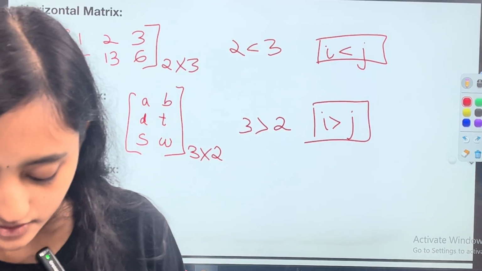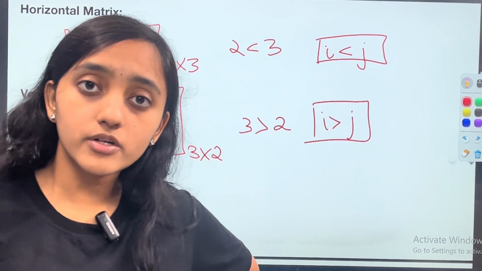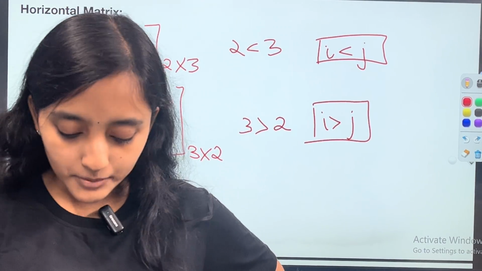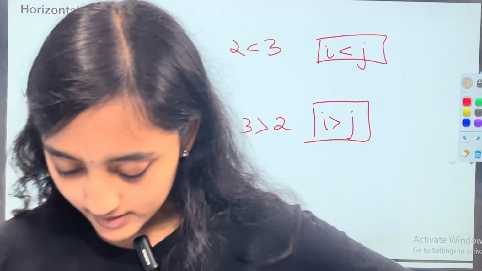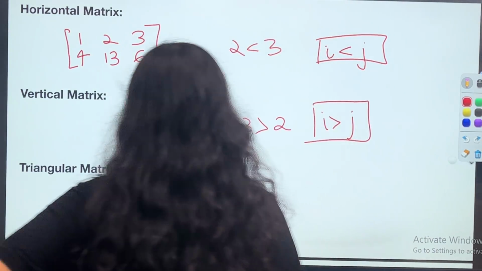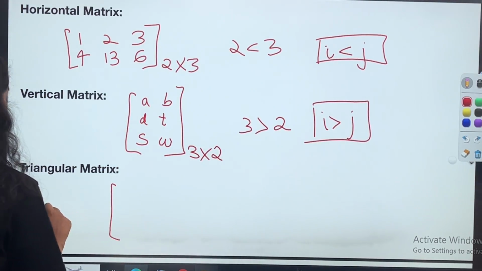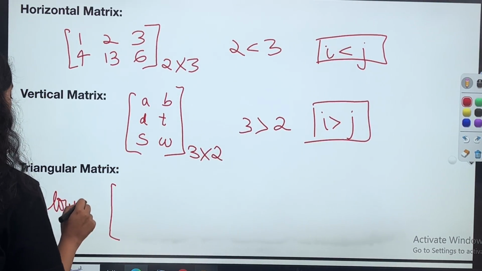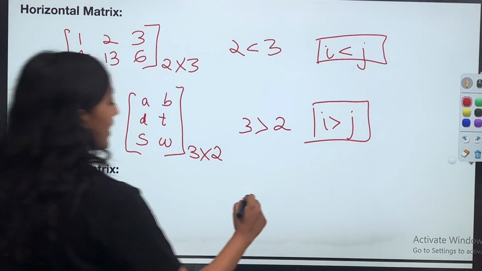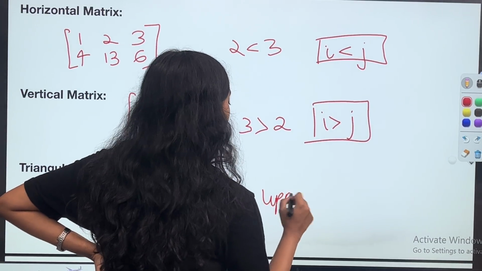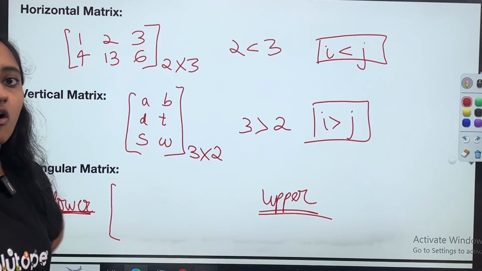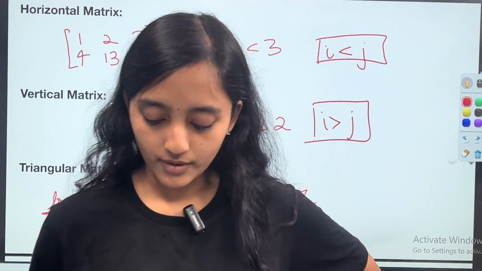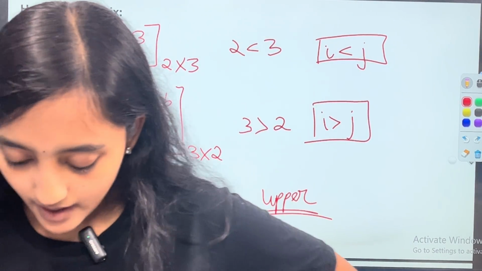Okay. Then in a triangular matrix, you have a lower triangular matrix and an upper triangular matrix. A lower triangular matrix is there when, for example, you have lower. See, I have studied all of this when I was in 10th class, and even a lot of people in different places have studied all these things, whether you have a lower triangular matrix or an upper triangular matrix.